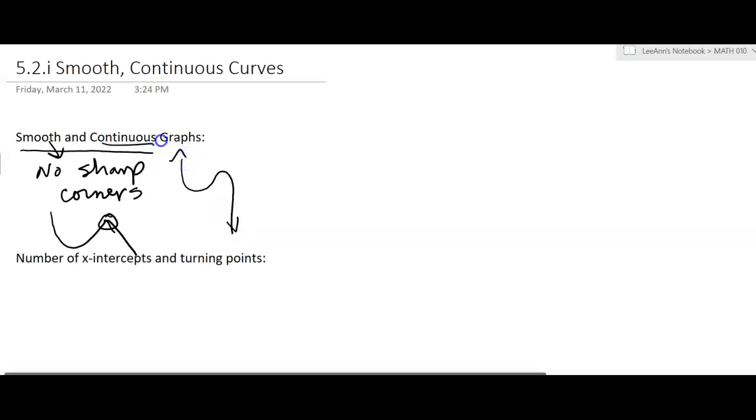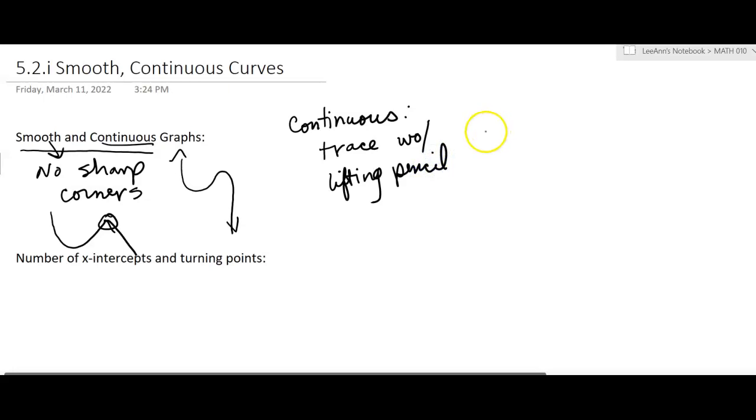To be continuous, that means you can trace it without lifting your pencil. So like if I had a curve that went like this, that is not continuous.